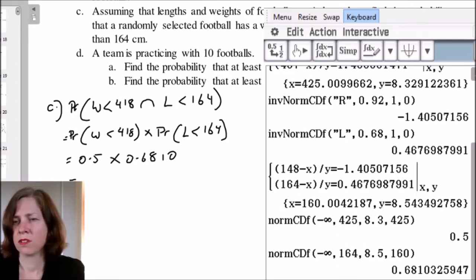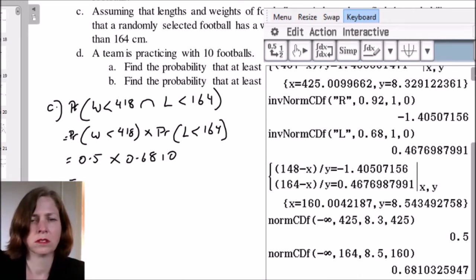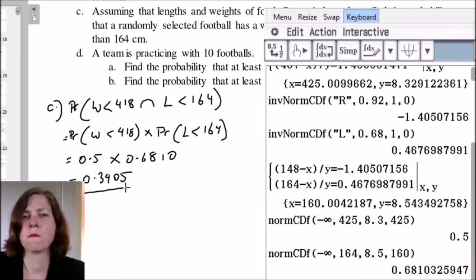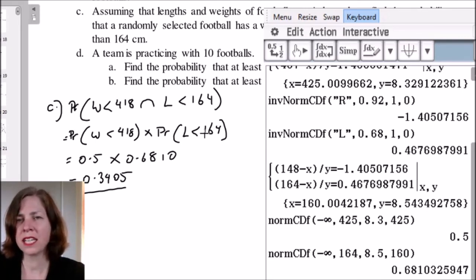And I get 0.3405. Okay. So I've answered part C, assuming that the lengths and weights are independent. Find the probability that a randomly selected football weighs less than this amount and has a length less than this amount. All right, one more part to this question.